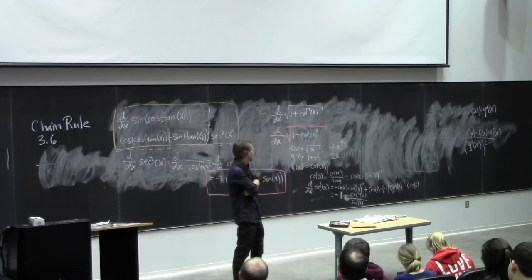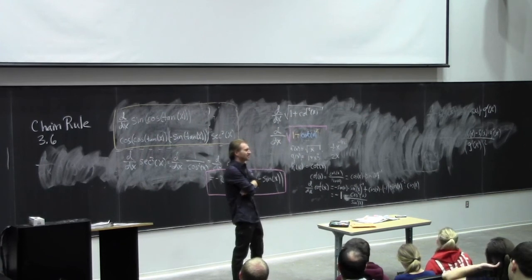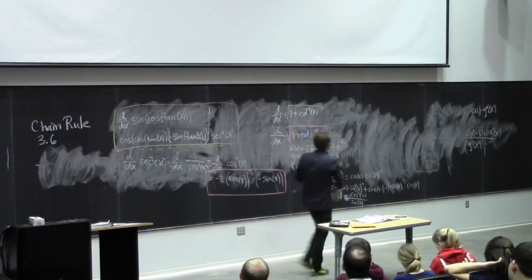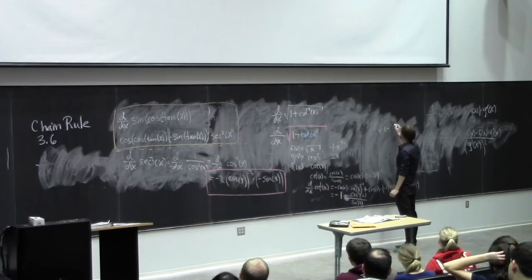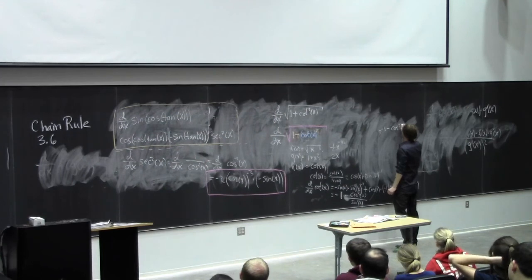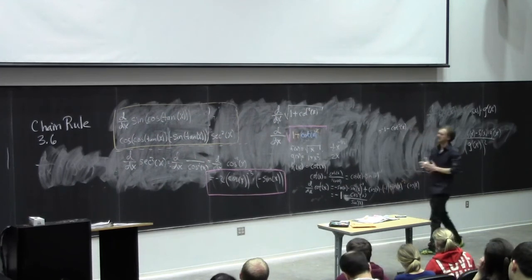What is cosine squared of x over sine squared of x? Cotangent squared. So this is all equal to, oh my God, minus 1 minus cotangent squared of x.